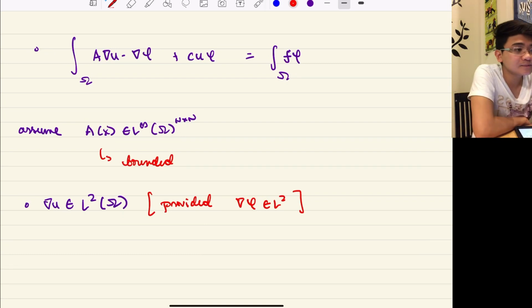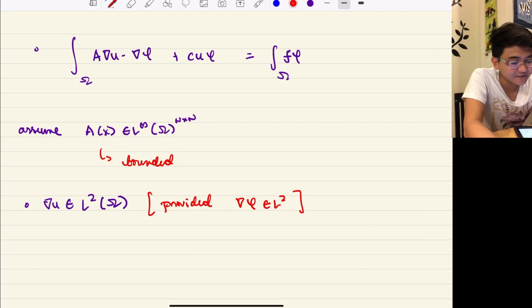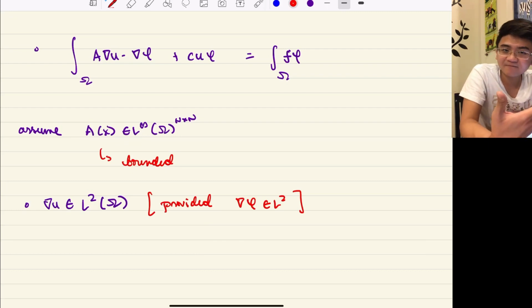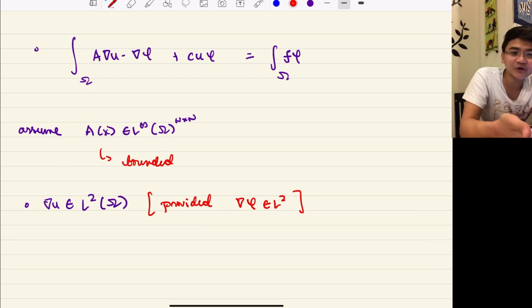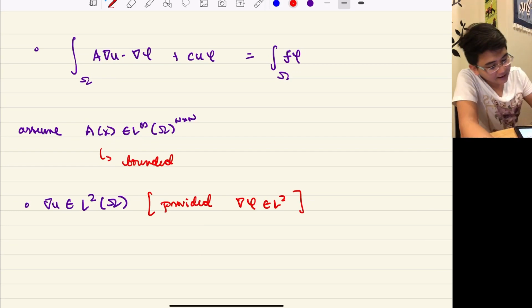Okay, so let's summarize. It's possible for u to only have weak derivatives, and it only needs first order weak derivatives. If this is in L2, this is bounded.